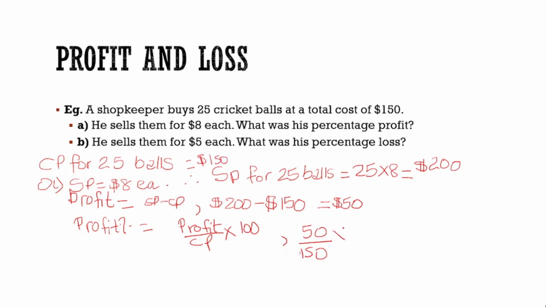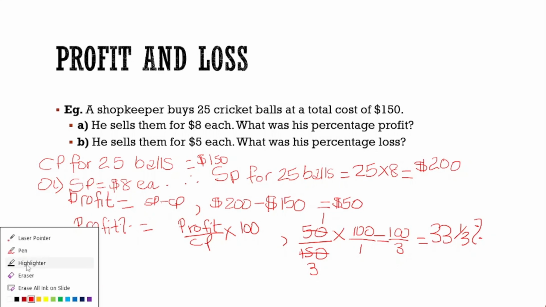So 50 over 150 multiplied by 100, that gives us 50 into itself goes 1 and into 150 goes 3 times. So we are left with 100 over 3, which is equal to 33 and a third, and this is a percent. So when he sold the balls at $8 each, he made a profit of 33 and 1/3%.